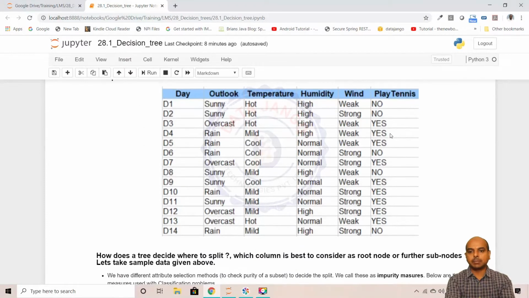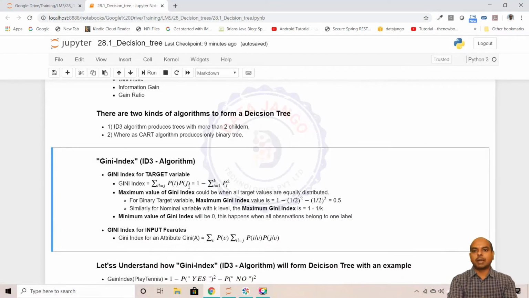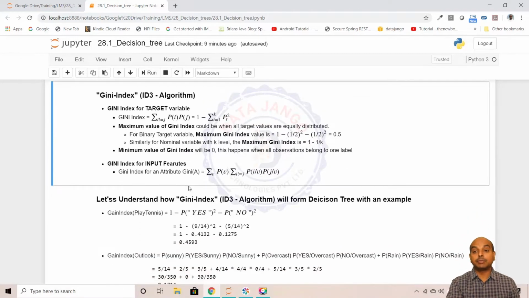There are 14 records and 9 belong to yes, so 9 by 14 is the probability of yes. For no there are 5, so 5 by 14 is the no probability. So 1 minus (5 by 14) square minus (9 by 14) square. This is the formula to calculate the impurity, the Gini index, of the target variable.